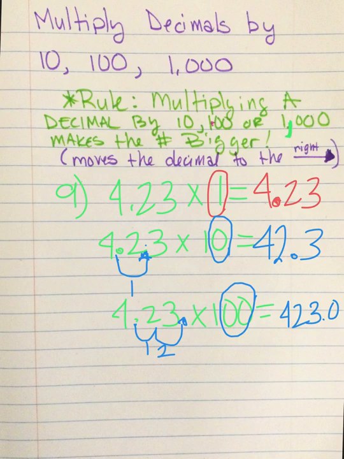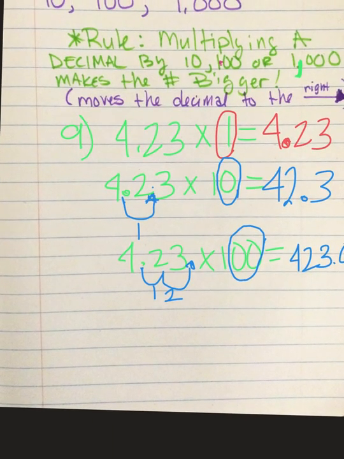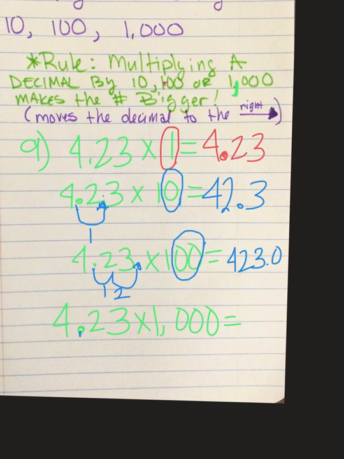So any predictions on what the next one's going to be? Let's give myself a little bit more room down here for the next one. Same number again, 4 and 23/100ths. This time I'm multiplying by 1,000. I follow the same rule. This decimal is going to go over 3 zeros, so it's going to go over 3 spots. 1, 2, there's another spot.